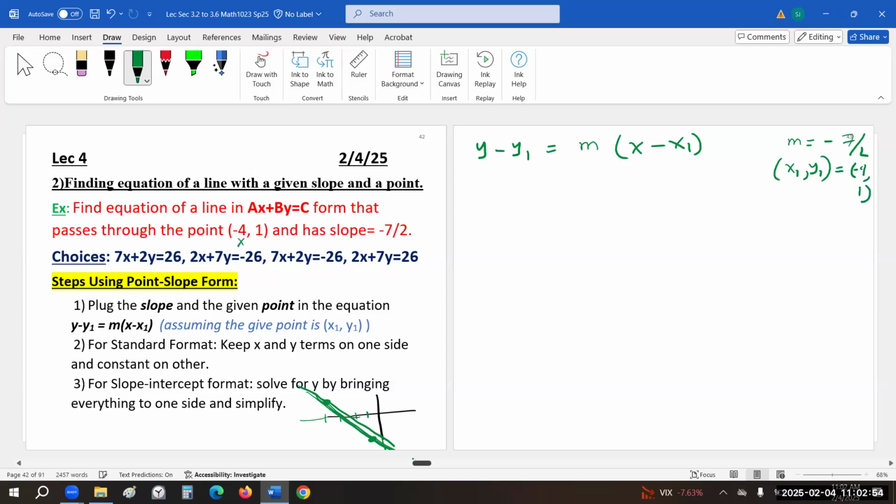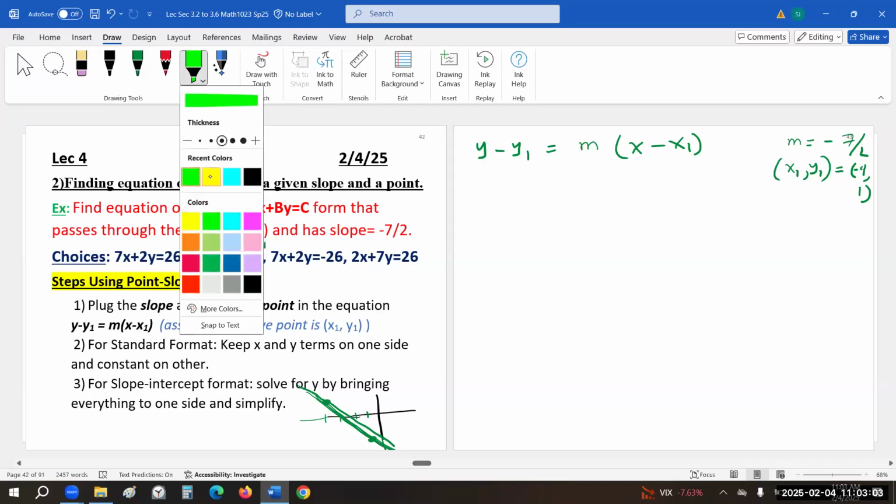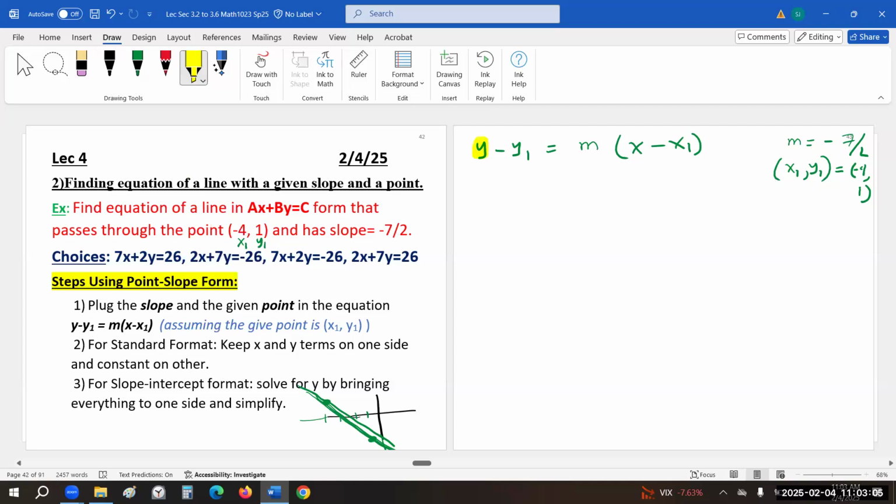So this is x1, this is y1. Anytime they give us a point, it includes x1, y1. We are never going to substitute x and y, because in the equation, we want to have x and y. If you observe the multiple choices, they all have x and y and a number. So we have to keep our x and y, but substitute everything else.